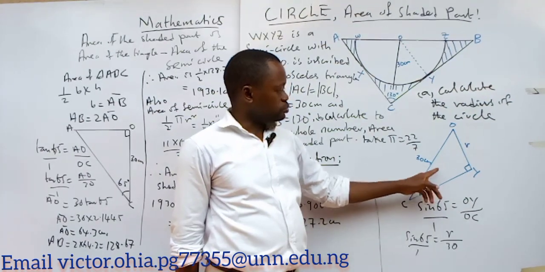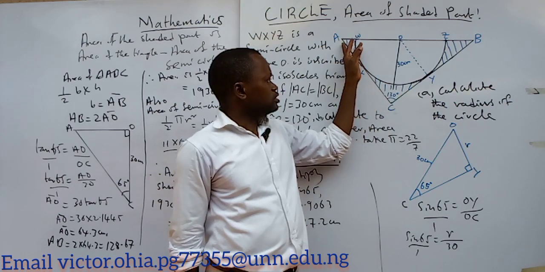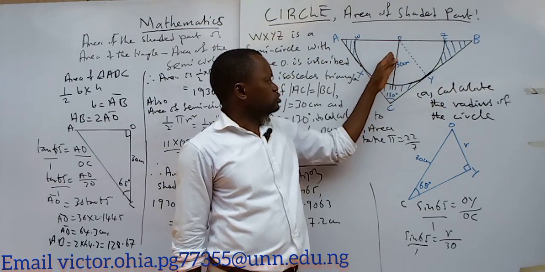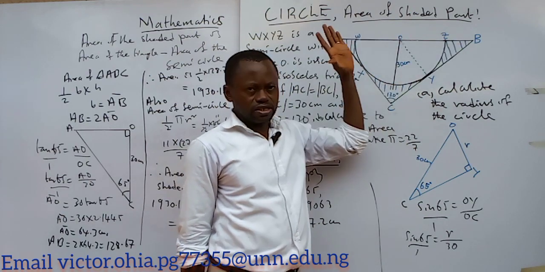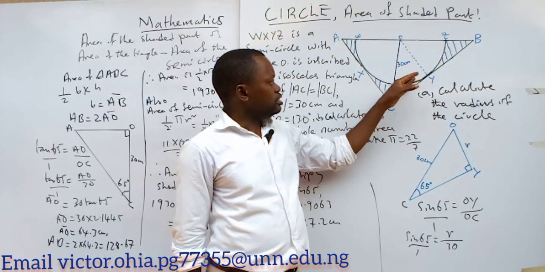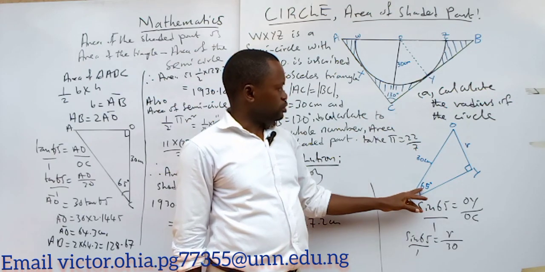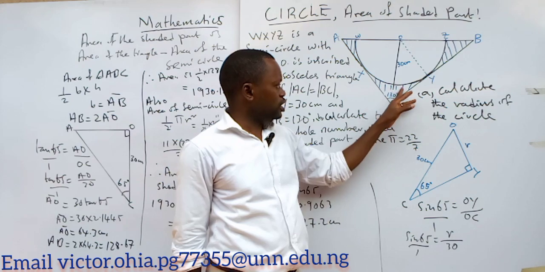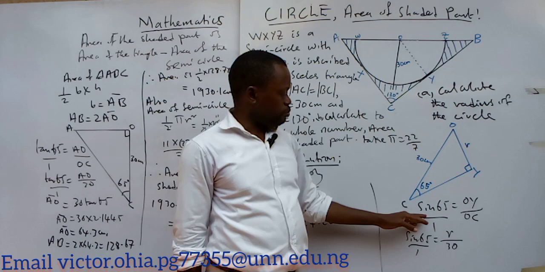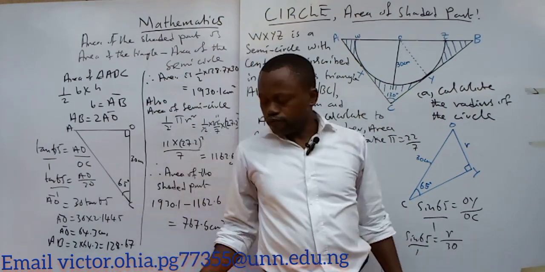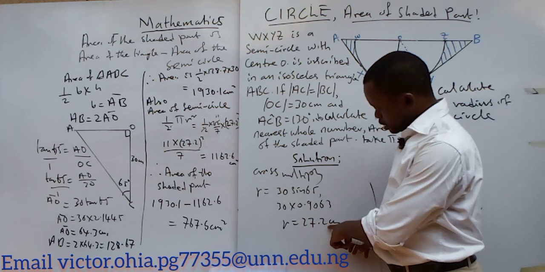Similarity of this triangle and this triangle helped us to know that since this line is equal to this line and this OC is common to both, AO will be equal to OB. It has a theorem. Then this angle here, half of it will be here and half of it will be here. Then we are able to solve and obtain the value for the radius, and that is 27.2 cm.